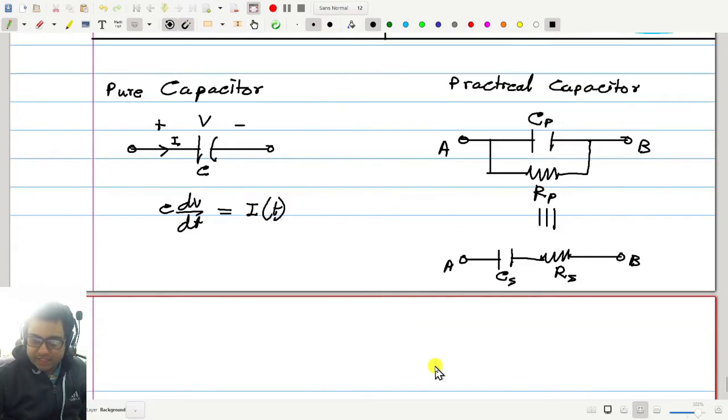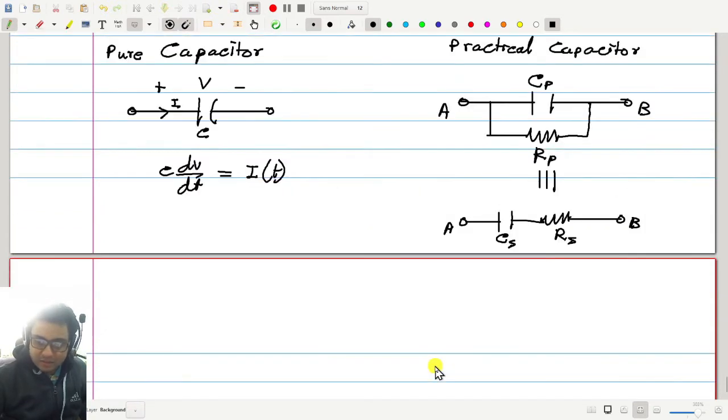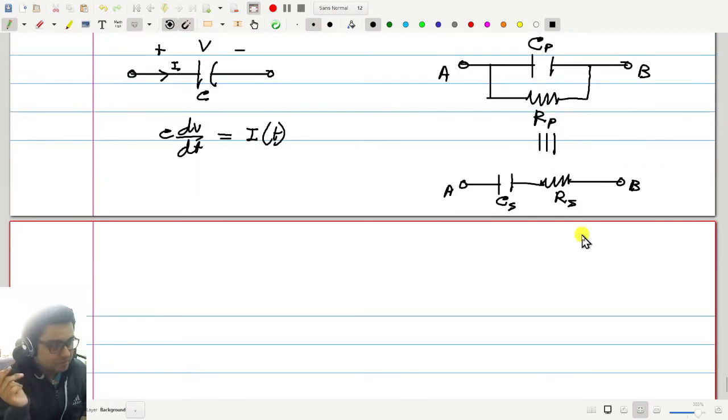Now once again we may try to find out the relation between CP, RP and CS, RS. What can we do? Sir, how is the flow of leakage current possible in the series model? Okay, let's come to that.